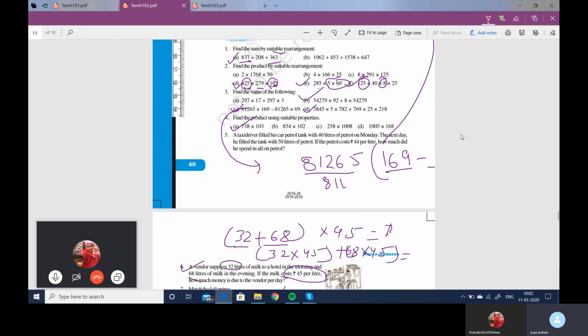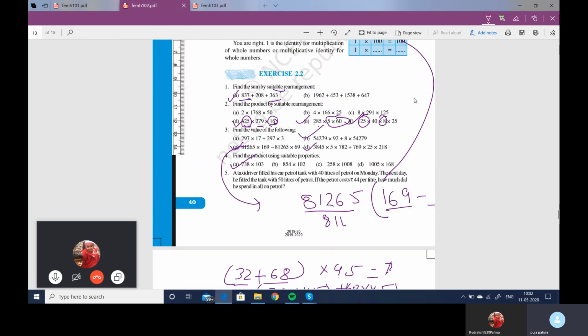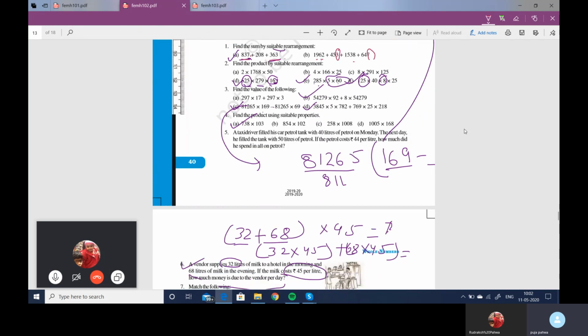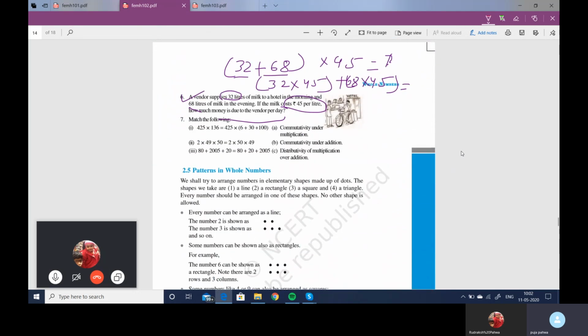Now exercise, suitable rearrangement. I have already told you. You have to find the ways by which your numbers come easy, like 837 and 363: you will add the unit digits, 7 and 3, and then add the others, and then add both.